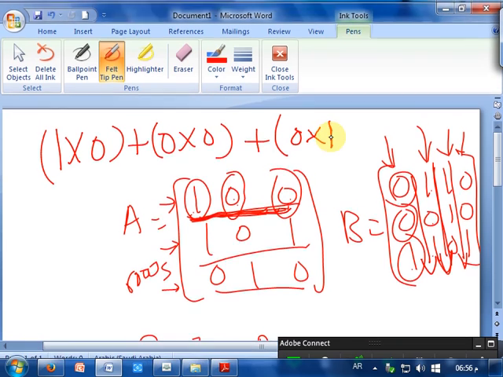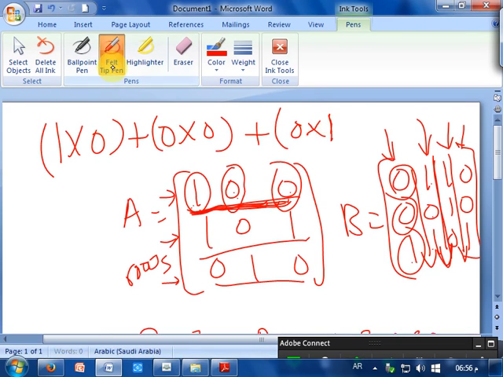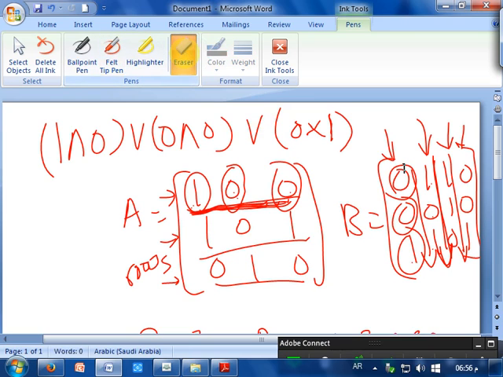Now, if I ask you about the Boolean product, for the multiply you put AND, so 1 and 0, 1 is true, 0 is false. Instead of plus you put OR. No, 0 and 1 as it is.